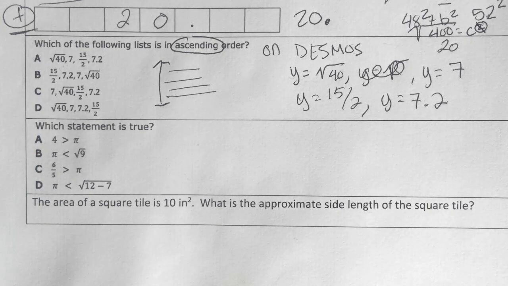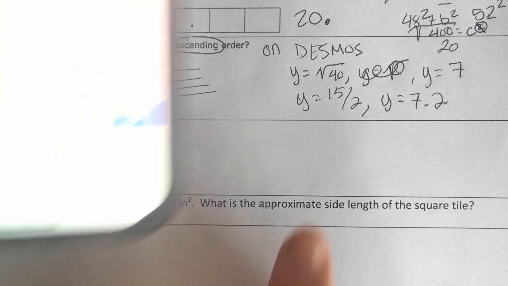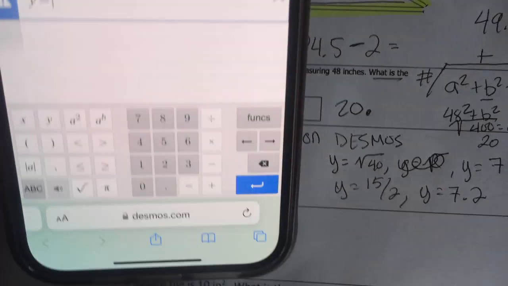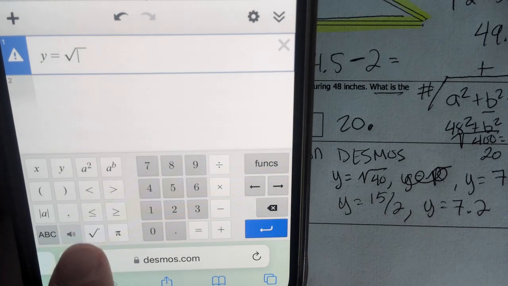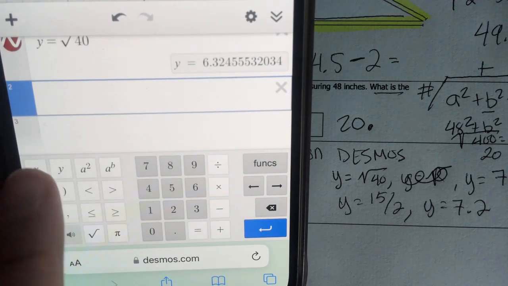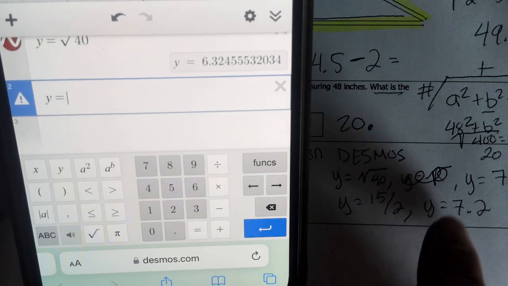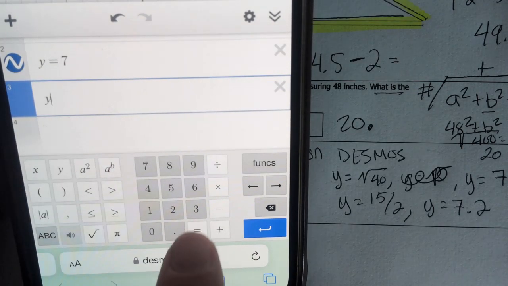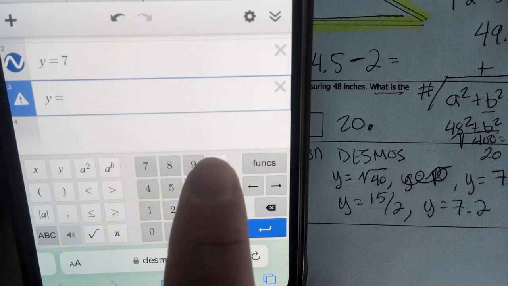So I'm opening up Desmos and I will now type in, so we'd start with y equals the square root of 40. The next number was y equals 7. Then we had y equals 15 over 2.